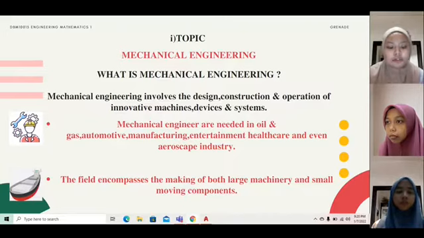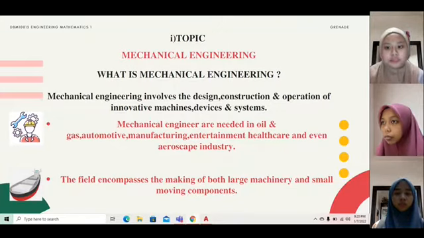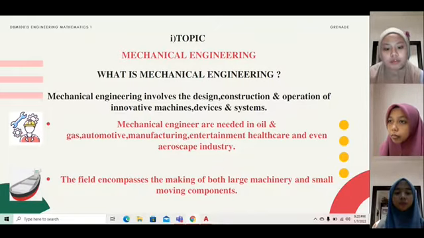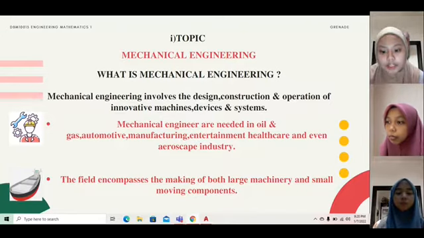Mechanical engineering involves the design, construction, and operation of innovative machines, devices, and systems. Mechanical engineers are needed in oil and gas, automotive, manufacturing, entertainment, healthcare, and even the aerospace industry. The field encompasses the making of both large machinery and small moving components.